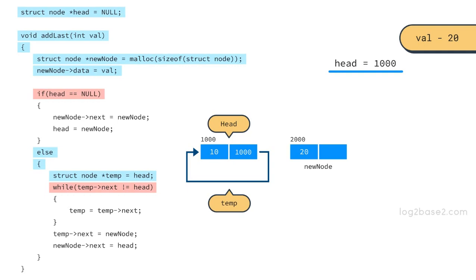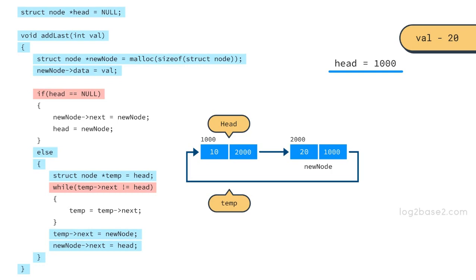So now we have to insert the new node after the last node. So write temp next equal to new node and it should point to the current head. So write new node next equal to head. So the new node is now the last node of the circular linked list. So that is how we can insert a new node at the end of a circular linked list.